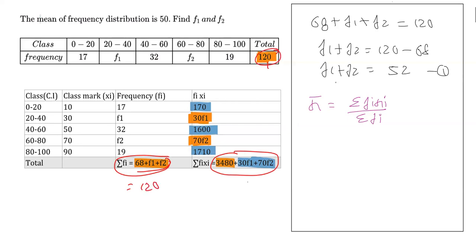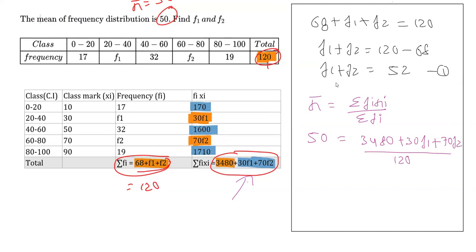So we'll be replacing these values. X bar, which is the mean given to us as 50, we are replacing. And sigma Fi Xi with 3480 plus 30 times F1 plus 70 times F2, all divided by 120.